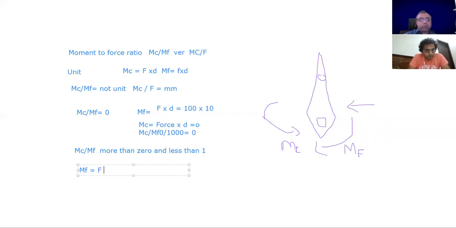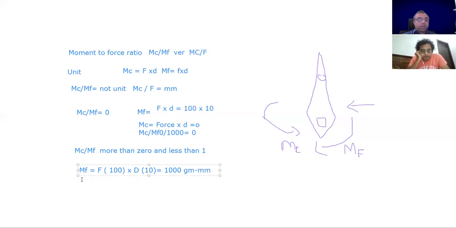What will be the force here? 100 gram, as we have given in the example. Same force and same example, 100 gram, and the distance would be 10 millimeter. So the moment that is produced is 1000 gram millimeter.